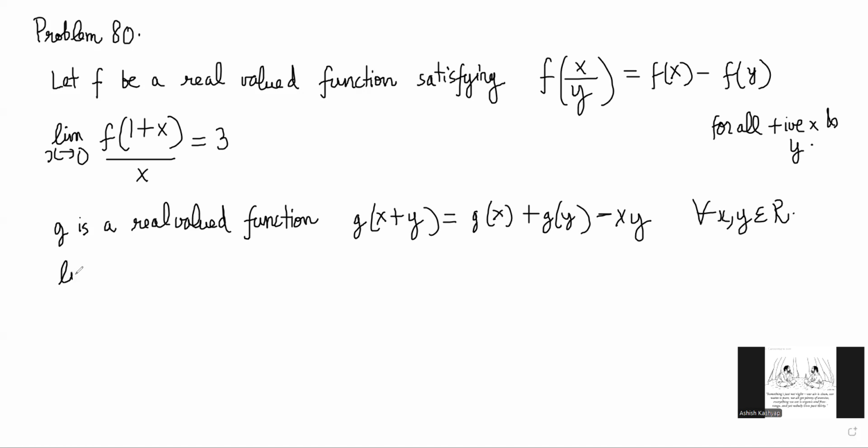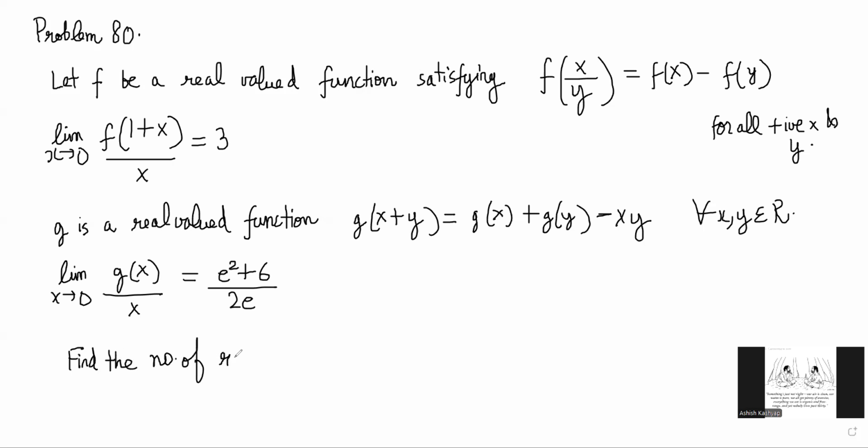And we have limit of x tends to 0, g of x by x is equal to e square plus 6 by 2e, right? We have to find the number of roots of the equation f of x equals g of x. So that is the question.